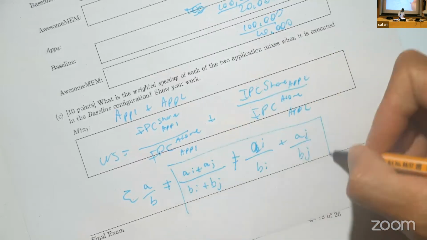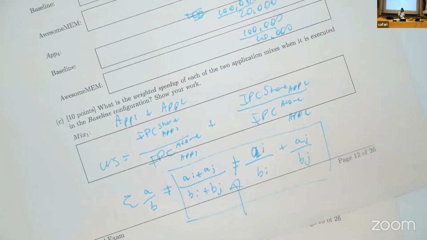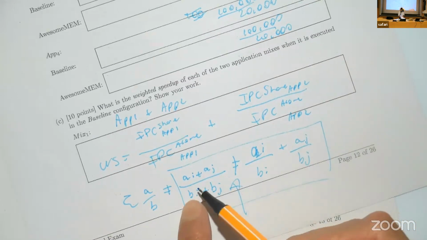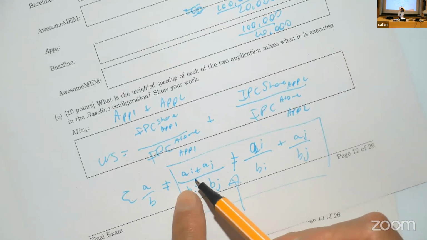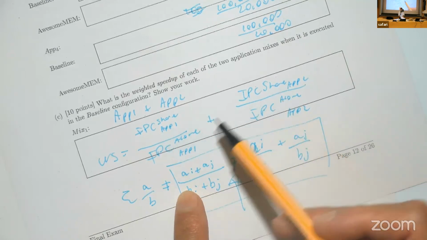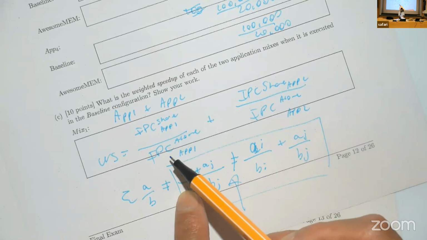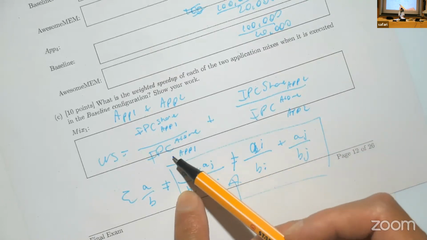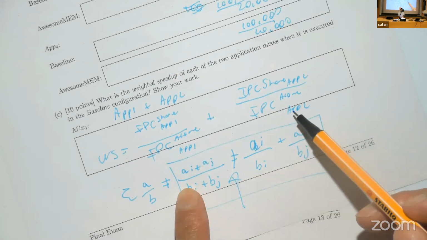So those 2 things here are different. A lot of people last time were actually summing the IPC shared of app1 and app2 and dividing by the sum of the IPC alone of application 1 and application 2.